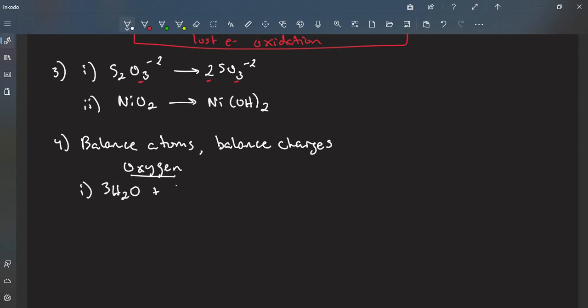Because each water contributes 1 oxygen, you can add 3 waters into the left-hand side to balance out those oxygens. We'll count again after I finish writing this out. Okay, so now we have 3 oxygens here, 3 oxygens there for a total of 6. And on the right-hand side, we have a coefficient of 2 and 3 oxygens there for a total of 6. Now the oxygens are balanced.